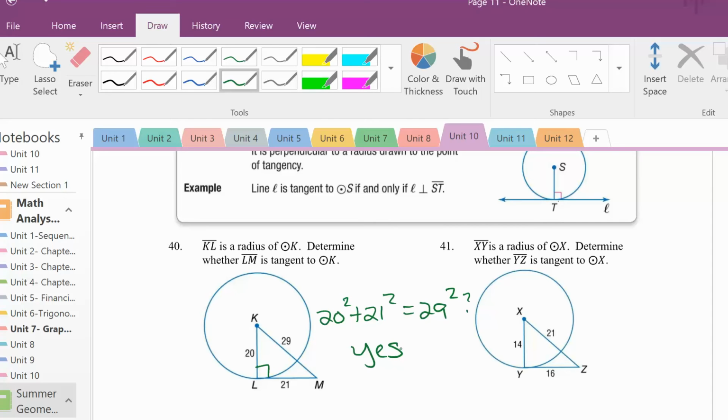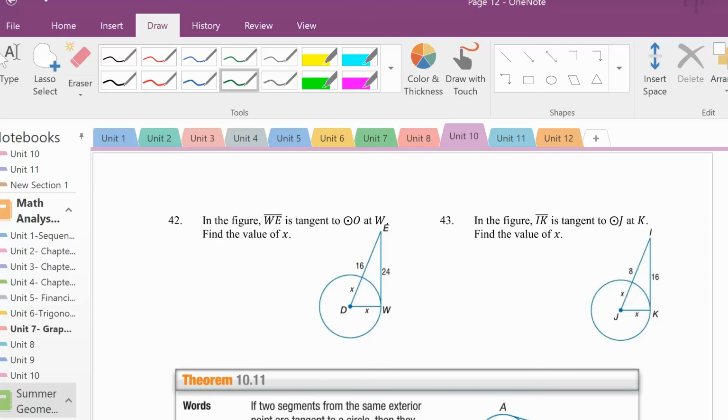So then we'll look here and we'll say, okay, does 14 squared plus 16 squared equal 21 squared? So you do the Pythagorean theorem and you'll notice that it does not work. So therefore, YZ is not tangent to circle X because that doesn't form a right triangle.